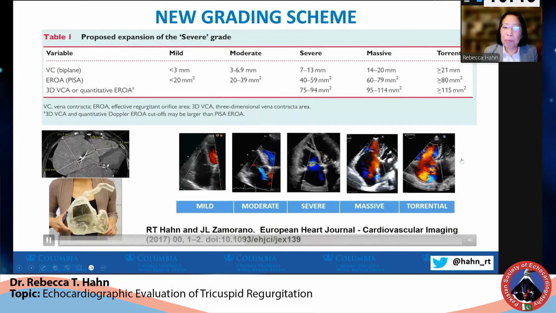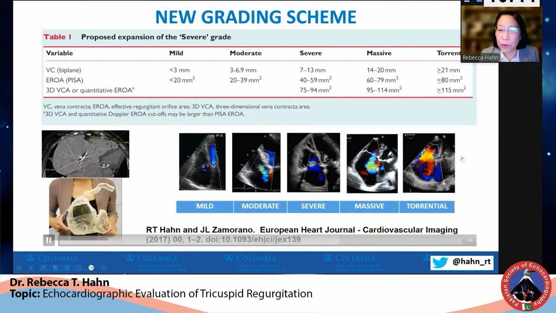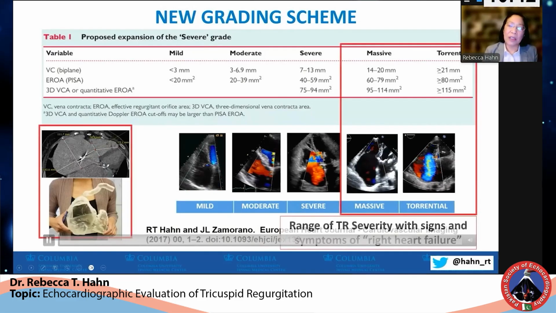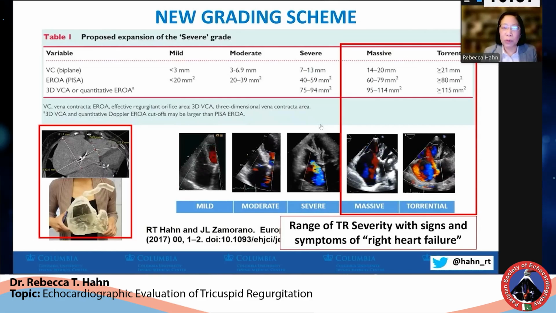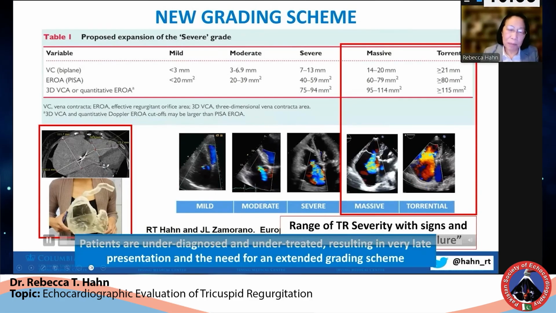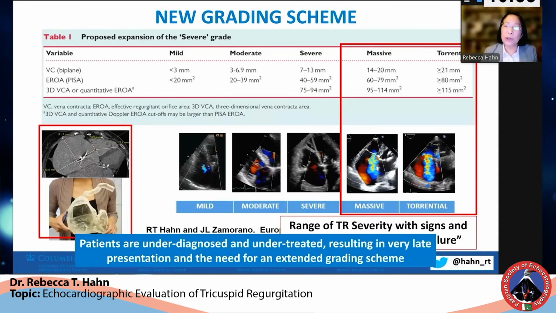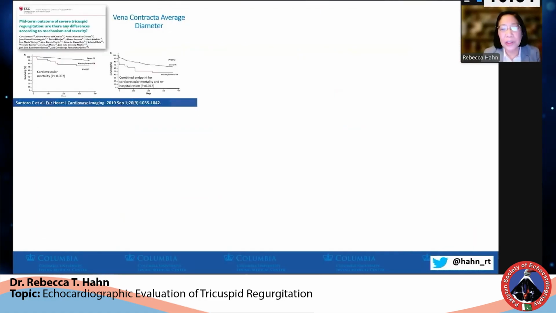And so massive and torrential is now the range where we ended up seeing most of the patients presenting. Now we're seeing more and more moderate and severe disease. But because those patients were underdiagnosed, we needed to extend the grading scheme.